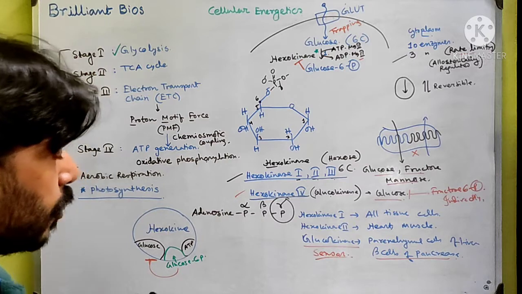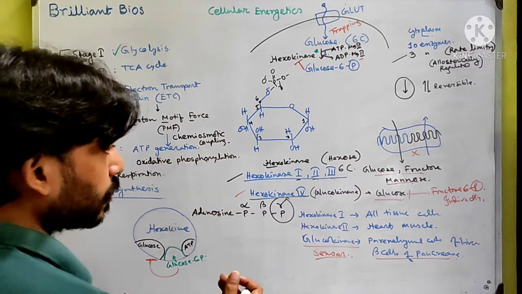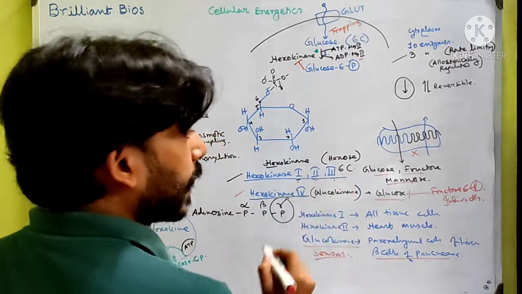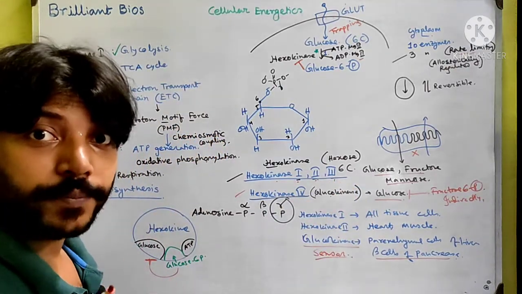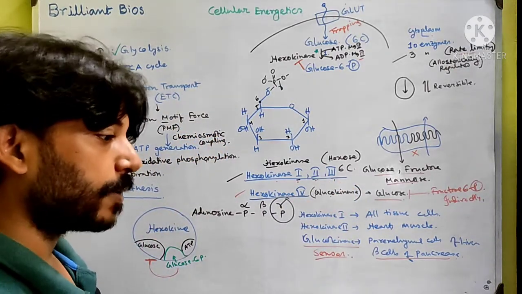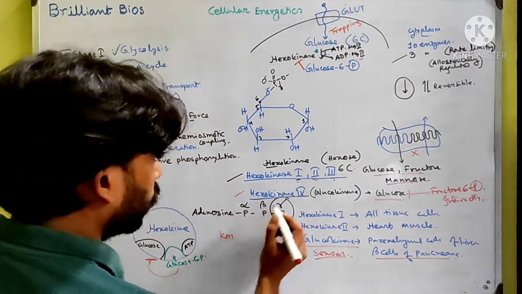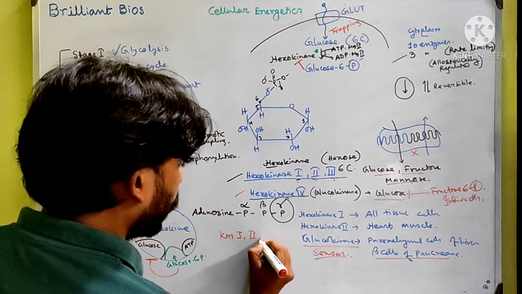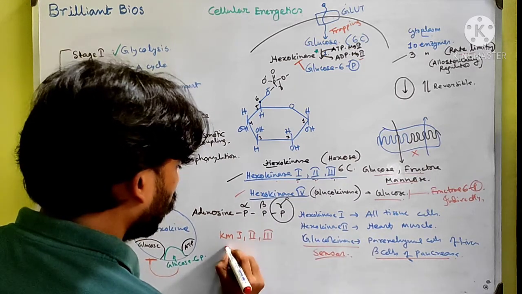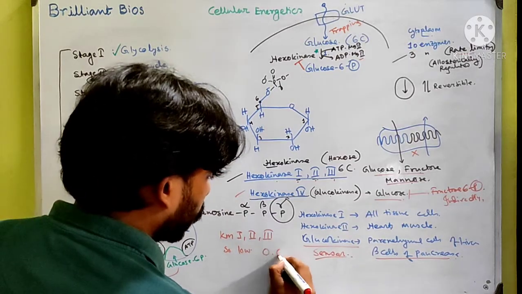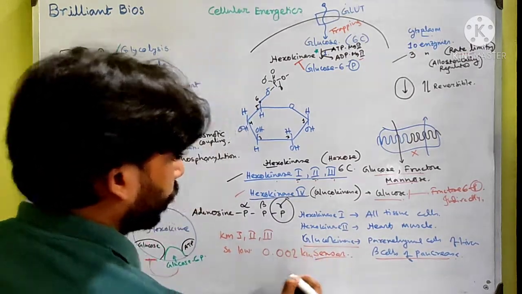But how? You can see here that hexokinase 1, 2 and 3 have Km value. Km means Michaelis constant value, or you can say the affinity towards the substrate. Km value of 1, 2 and 3 is so low. I can write 0.002, let's suppose.